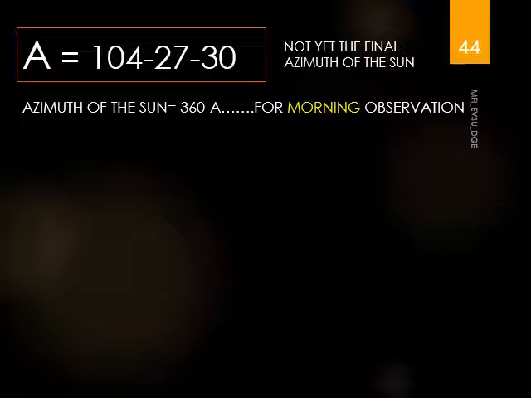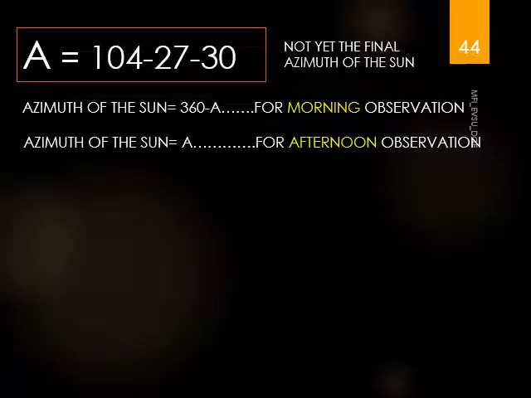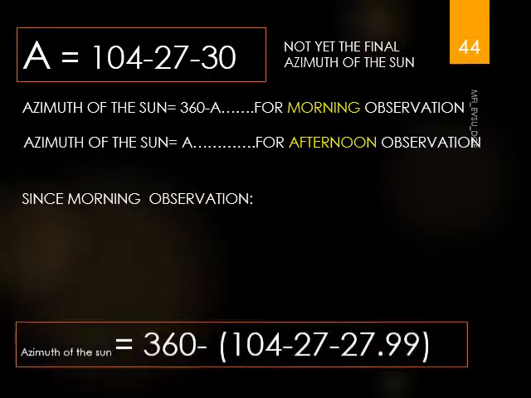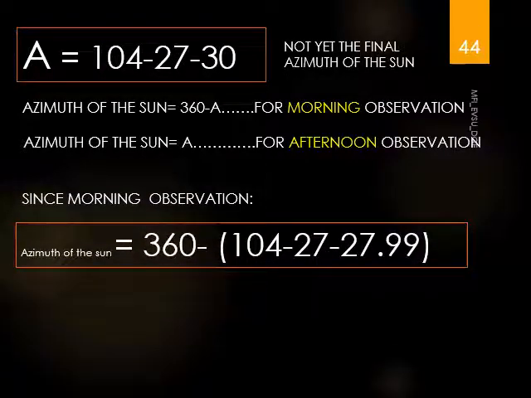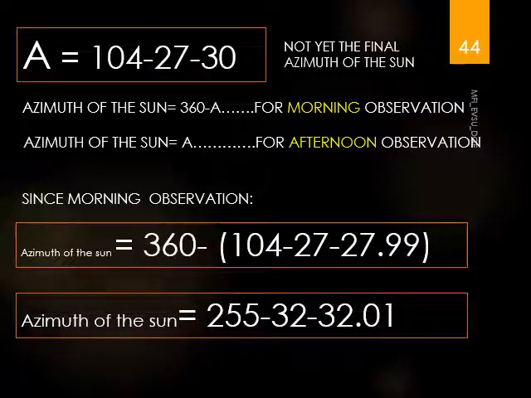So hindi pa yan yung A. For the afternoon observation naman, yung A mo is now the azimuth of the sun. So in this problem, yung observation is ginawa in the morning, so the azimuth of the sun should be subtracted from 360. Since morning observation, yung azimuth ng sun is 360 minus 104 degrees, 27 minutes, and 27.99 seconds. Therefore, yung ating azimuth ng sun is 255, 32, 33.01 from south. That is the true azimuth of the sun.